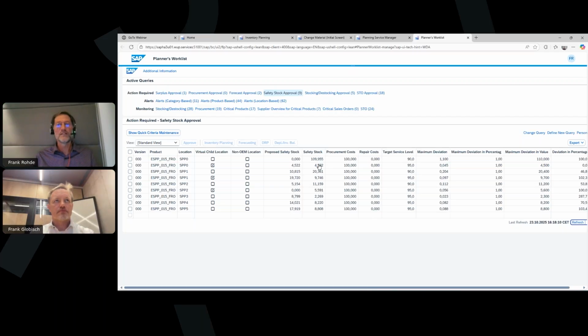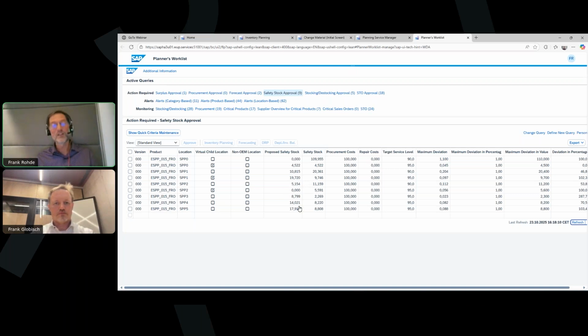And we clearly see that the safety stock got increased on the customer facing locations, which are level 3 locations, SPP 3, 4, 5. So there we see an increase of the safety stock. And on the intermediate parent, like the entry location or SPP 1 or SPP 2, we see a decrease.